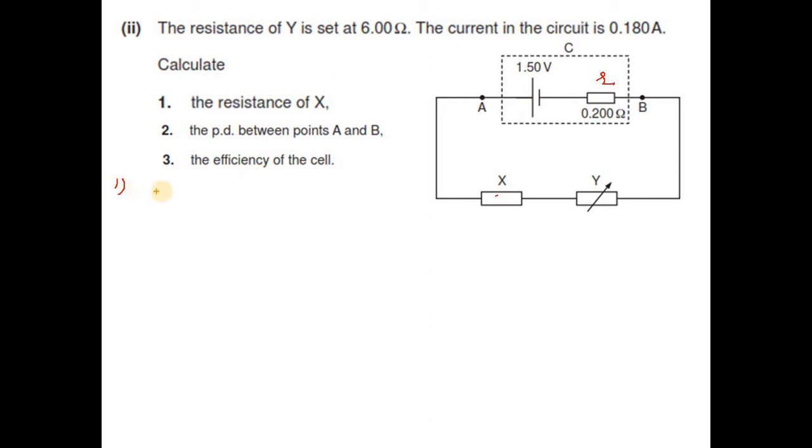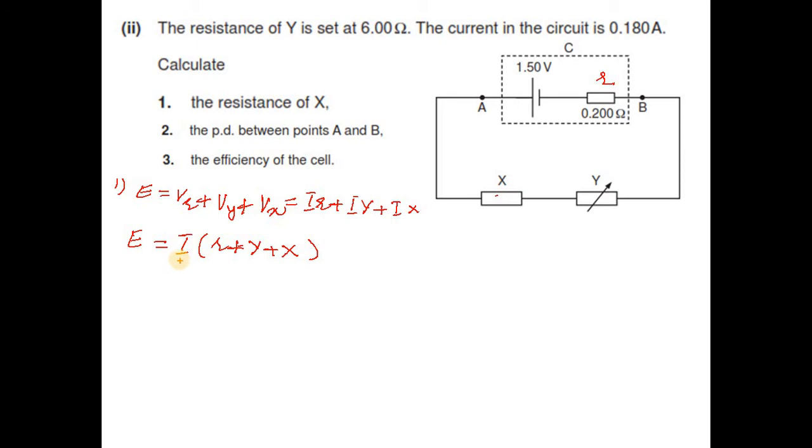this is for solution 1, that EMF of a cell should be equal to voltage across internal resistance plus voltage drop across Y plus voltage across X, meaning you can say that VR is IR plus VY is I into Y plus Vx is I into X. So you can take I common, so E is equal to I times R plus Y plus X. Clearly, you have I, which is 0.18.